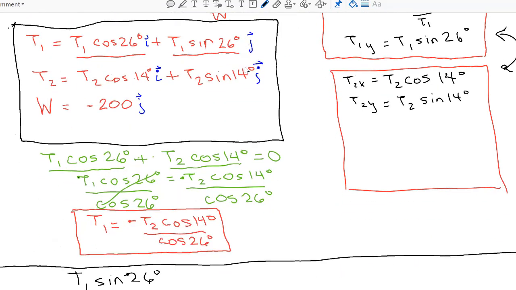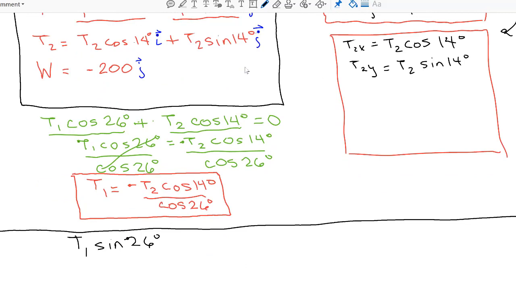So I can say that T1 sine of 26 plus T2 sine of 14, and then that's got to equal the same thing as my weight.